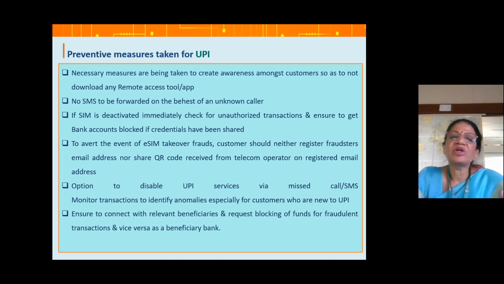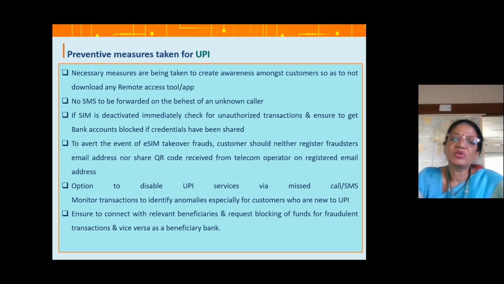To avoid eSIM takeover frauds: fraudsters in the name of the telecom company can call you and say we are providing eSIM, only do this, only scan this QR code, only click on this link. In the name of eSIM takeover, do not register the fraudsters' email address, and do not share the QR code received from the telecom operator on a registered email address.